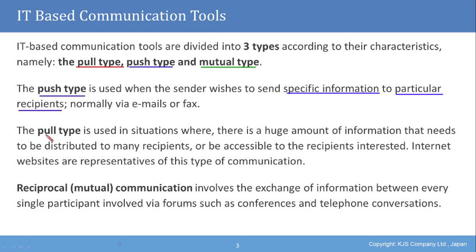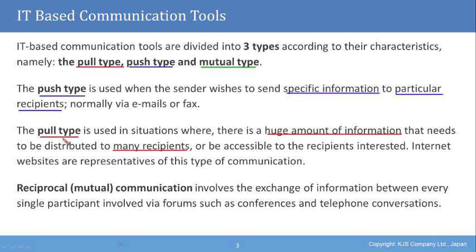The pull type, however, is used in situations where there is a huge amount of information that needs to be distributed to many recipients, or be accessible to the recipients interested. Internet websites are representatives of this type of communication. So just to make a distinction here, the push type is about specific information to particular recipients.